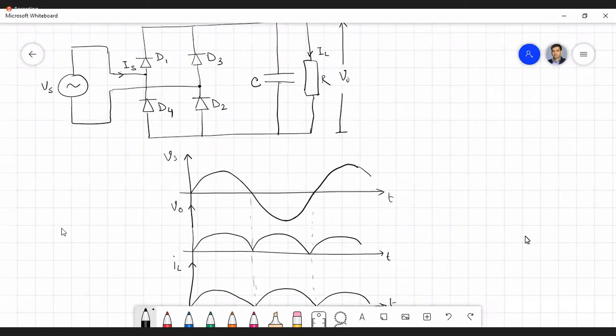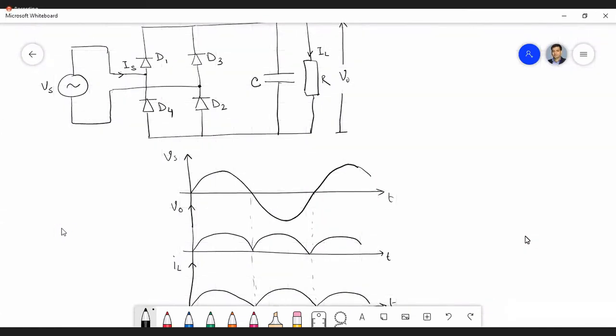Got my question? There is a ripple in both the voltage and currents. Whether this capacitor is enough to eliminate both the voltage and current ripples. If it is not, then which ripple will be eliminated by this capacitor? That is my question. By capacitor we eliminate the voltage ripple, and by inductor the current ripple.